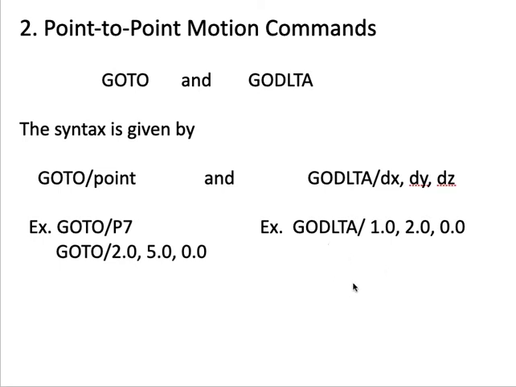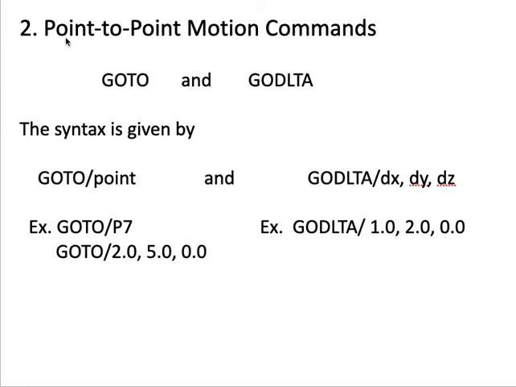This instructs the tool to move from its present position 1 unit in the x direction, 2 units in the y direction, and 0 in the z direction. So the z coordinate remains unchanged.